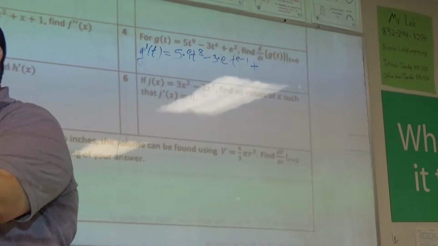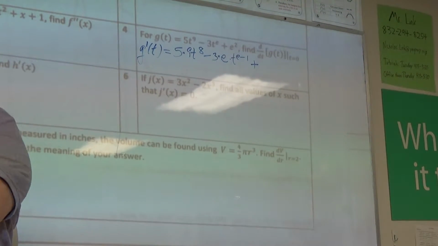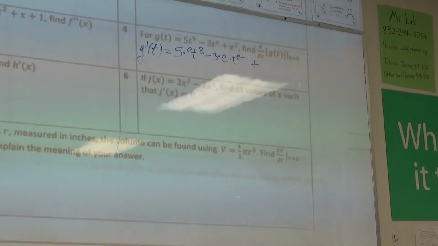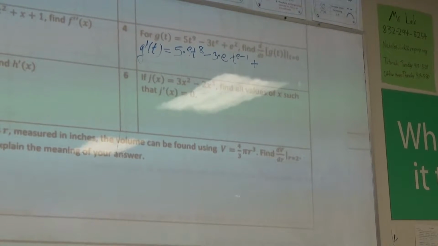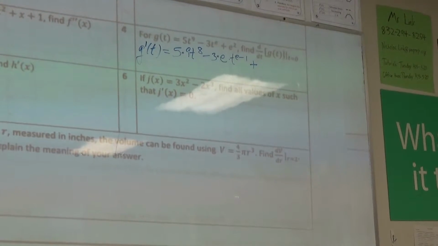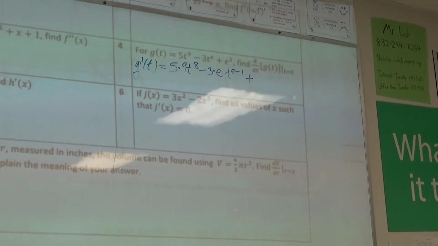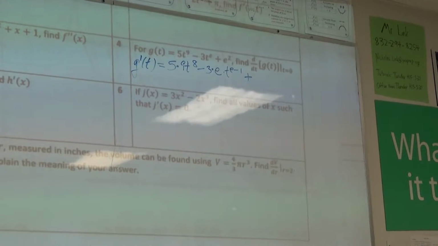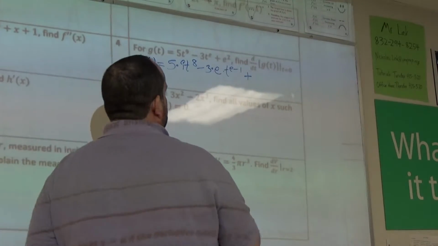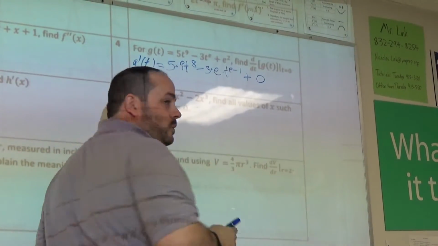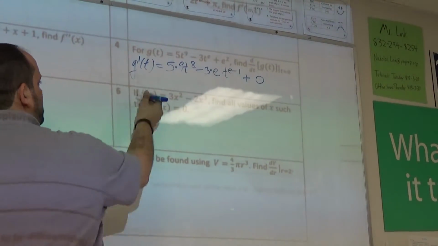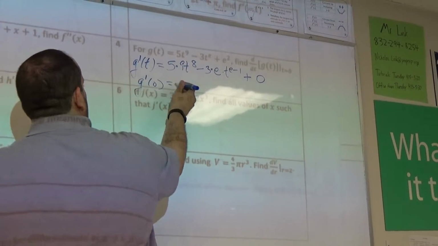E stands for another number. It's 2.718 and some stuff. So e squared is still a constant. And so the derivative of a constant is 0.